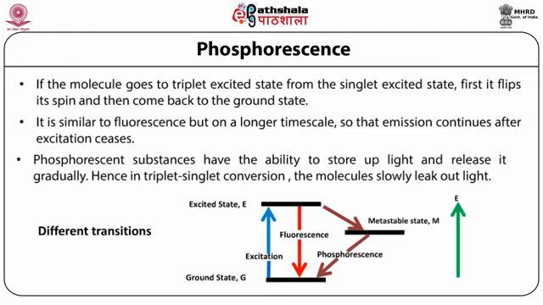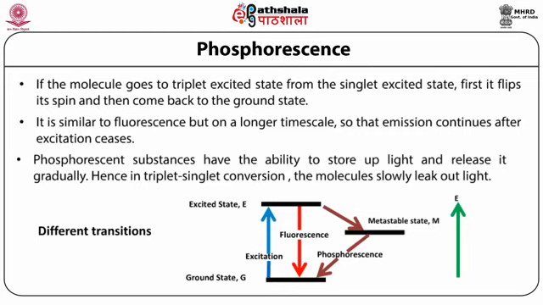The transition of the electrons from the ground state to a metastable state is forbidden because it violates the selection rule for conservation of spin, that is delta S is equal to 0, and electrons can transit from the ground state to an excited state. Most of the electrons immediately hop back to the ground state by emitting energy in the form of photons.